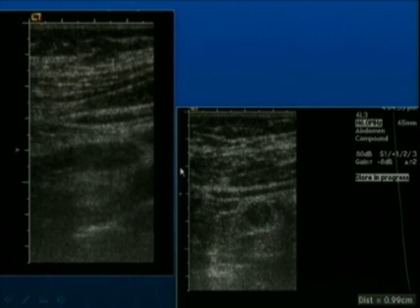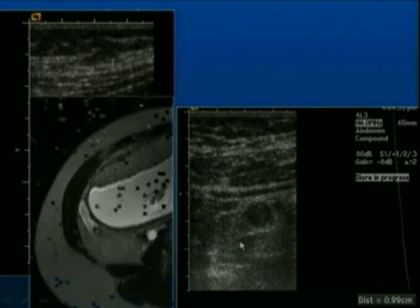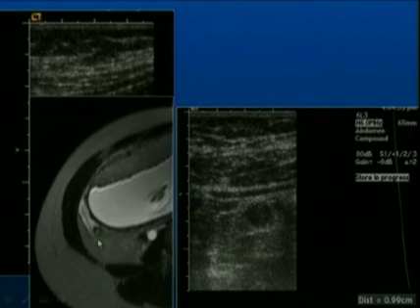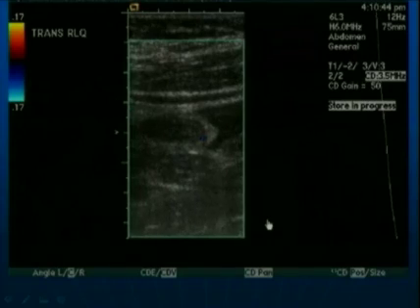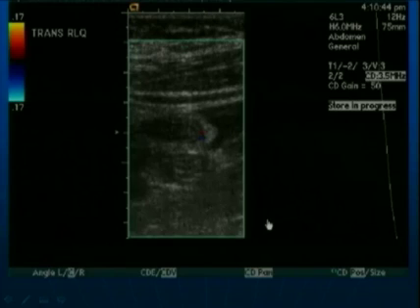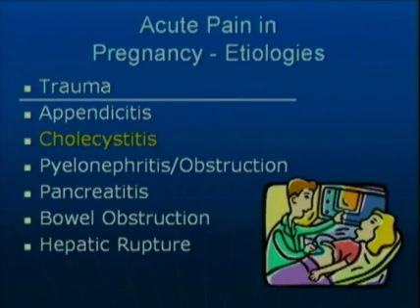You see a little fluid here, and you see it in transverse, measuring nearly a centimeter. You can see the correlation between MRI and the ultrasound in this case, and then this is the real-time image. I think that real-time image really shows you that blind-ending tubular structure, which is fluid-filled and surrounded by fluid, with the diagnosis of acute appendicitis, which required appendectomy.